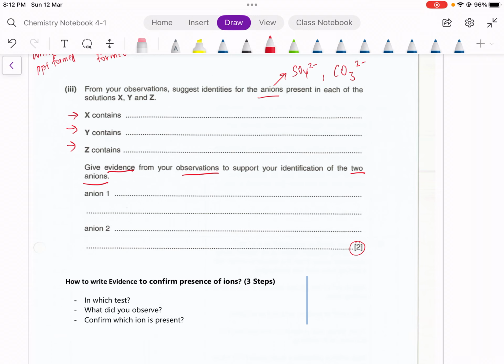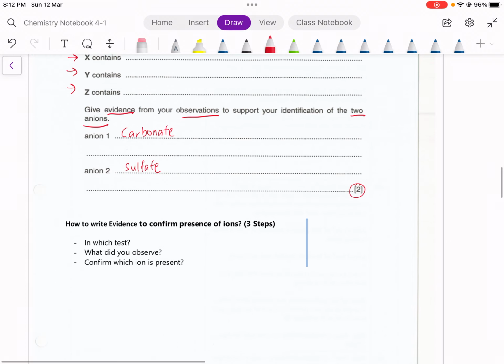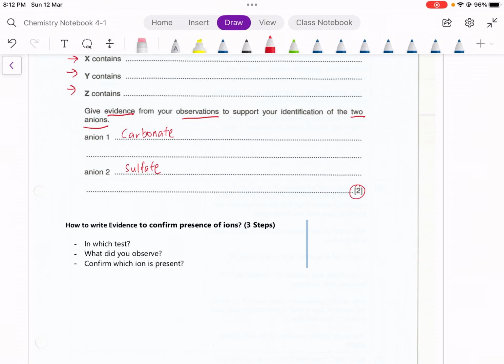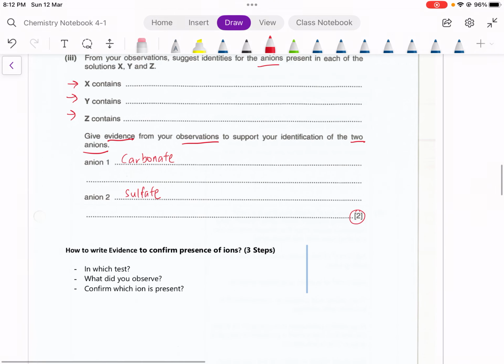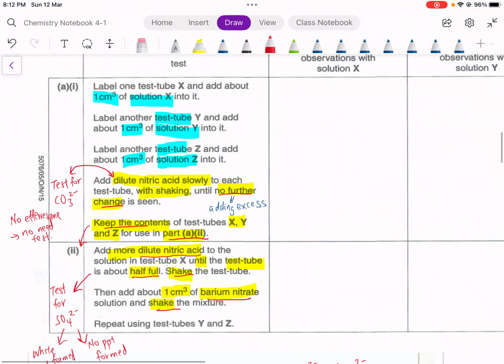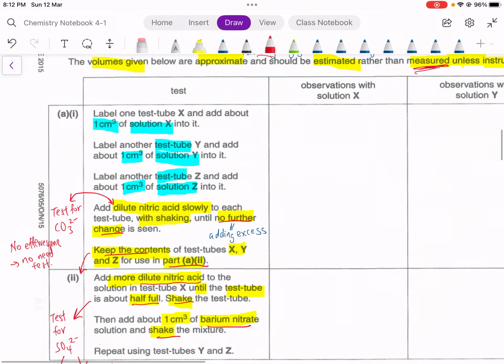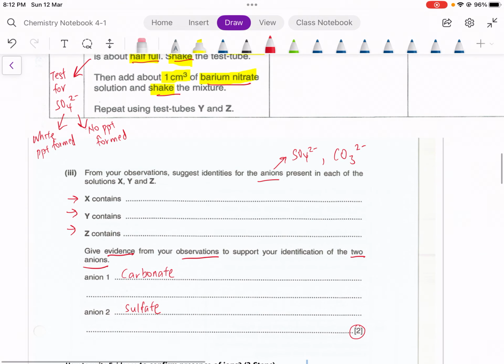So one of them will be carbonate, so you can write down carbonate. The other one will be sulfate, because this is what the test asks us to test for. So how do you write? First thing, you need to write in which test. In this case, test A part 1 asks us to test for carbonate.